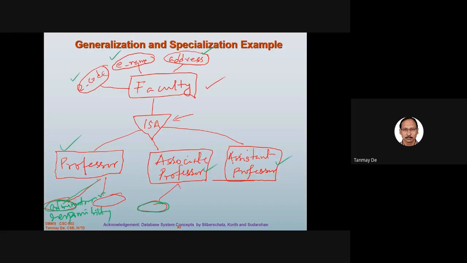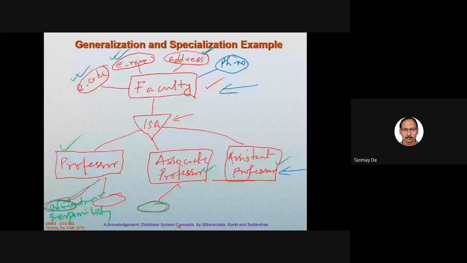I give you another example here also. The faculty is described by the employee code, employee name, employee address, employee phone number, and so on. This is the higher level entity set, and these are the lower level entity sets: professor, associate professor, assistant professor. They might have some different attributes along with the common attributes present in the faculty entity set.